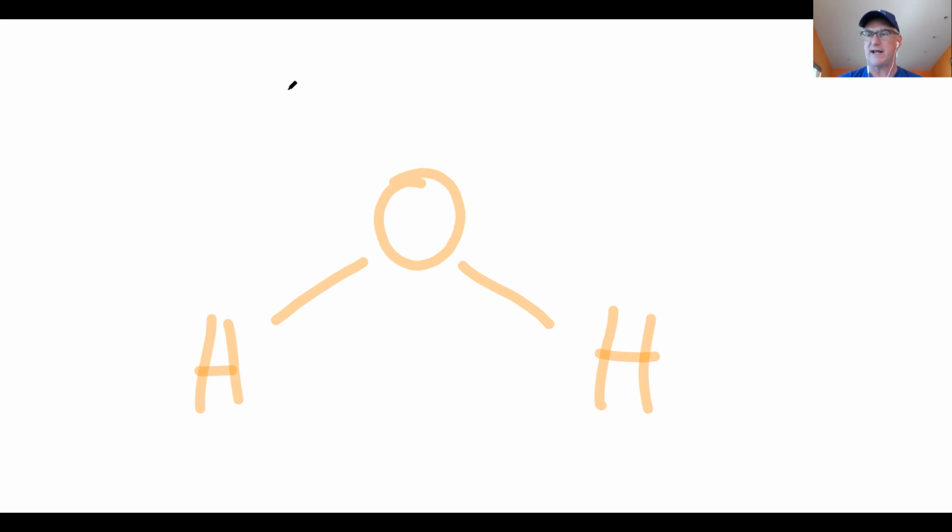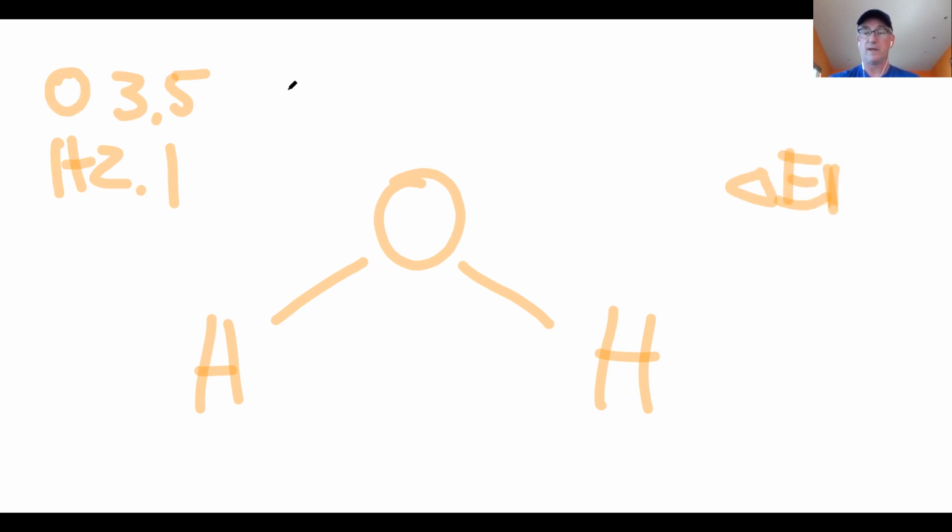So first, it says place partial positive and negative charges on the hydrogen and oxygen atoms based on their relative electronegativities. Well, the oxygen has an electronegativity, I think, of 3.5, and hydrogen is 2.1. So that is a big difference in electronegativity. And we're going to learn that if the electronegativity difference, or delta EN, is more than 0.4, that makes it polar.